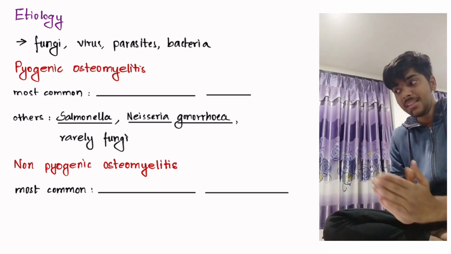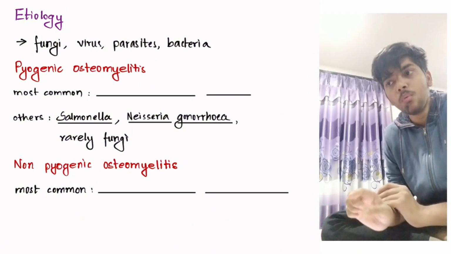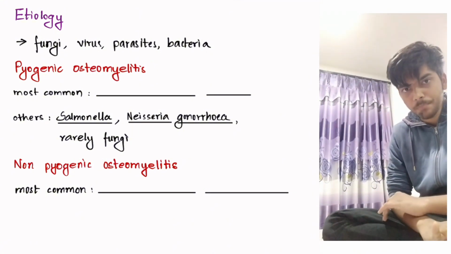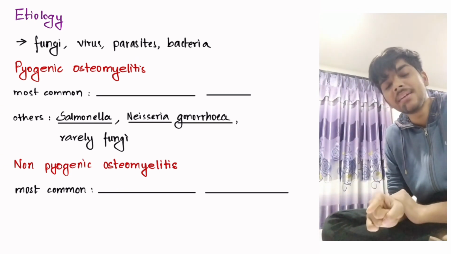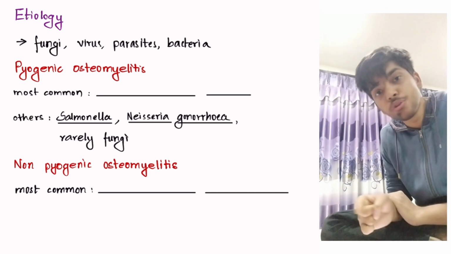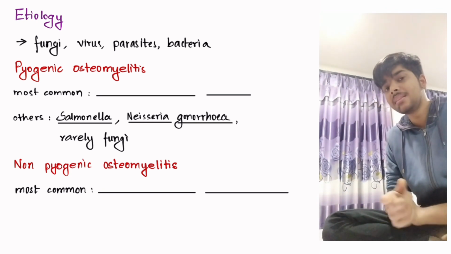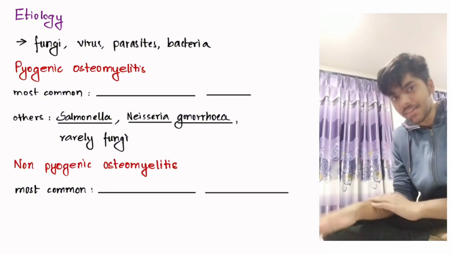Now, these pathogens, upon infection of the bone, will either produce pus or not produce pus. If it produces pus, then that osteomyelitis is called pyogenic osteomyelitis. If it does not produce any pus, then that osteomyelitis is called non-pyogenic osteomyelitis.